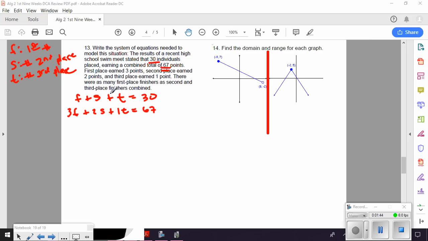Then it goes to say there were as many first place finishers as second and third place combined. Combined means to add. So first place was equal to the combination of second and third. So this is the system of equations for this scenario.